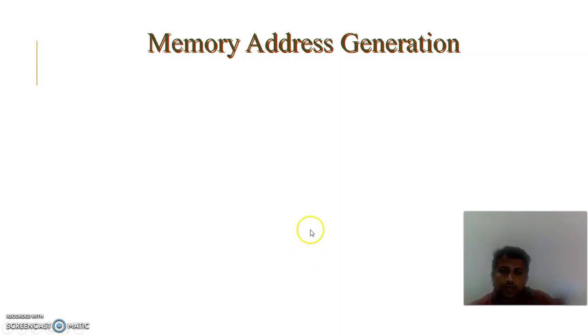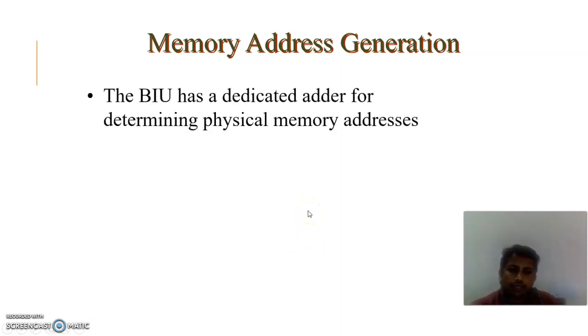Next, coming to how the memory address is generated in the 8086 microprocessor. The physical address is generated by the bus interface unit. How does it generate it? The bus interface unit takes a segment register and multiplies it with 10H, which is hexadecimal 16.